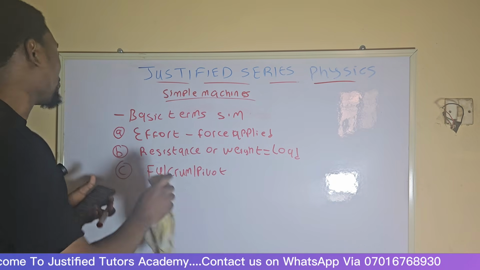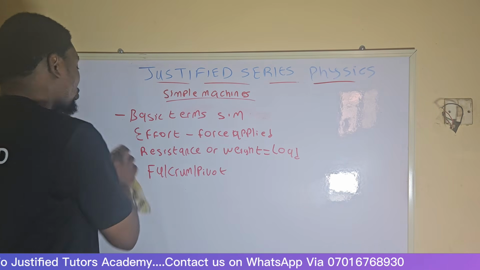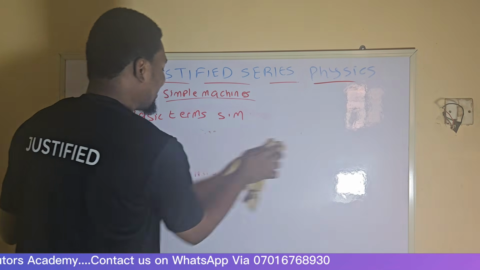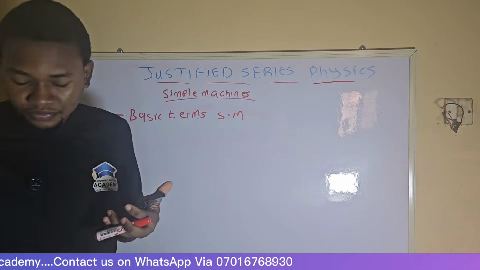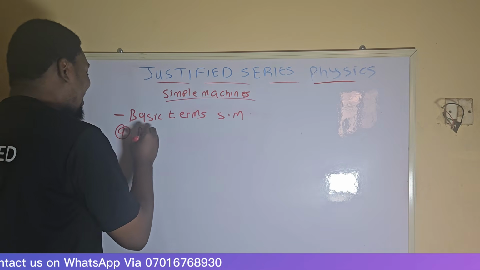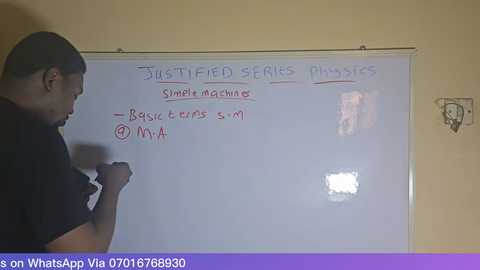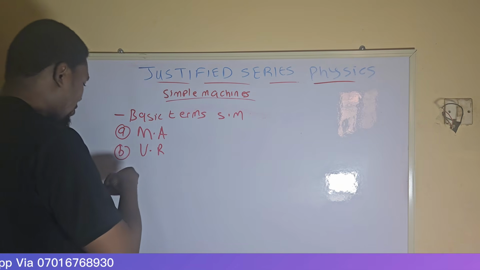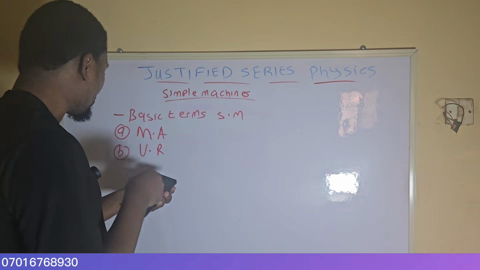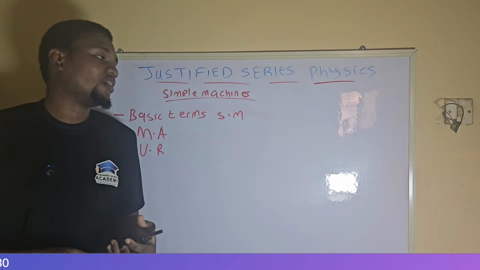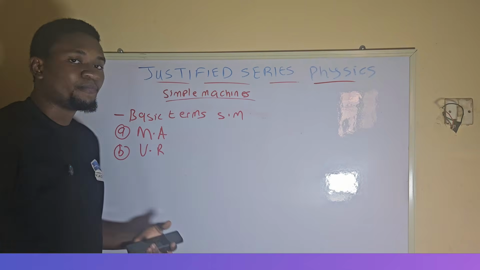But then we have some things you need to take note of. There are also basic terms in simple machines, so I need you to write them down right now. The first one under this section is the mechanical advantage and the velocity ratio. These two are the key terms you use in simple machines.